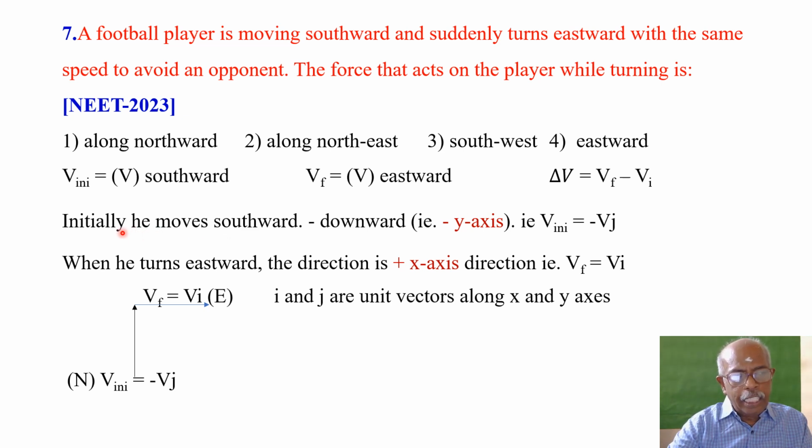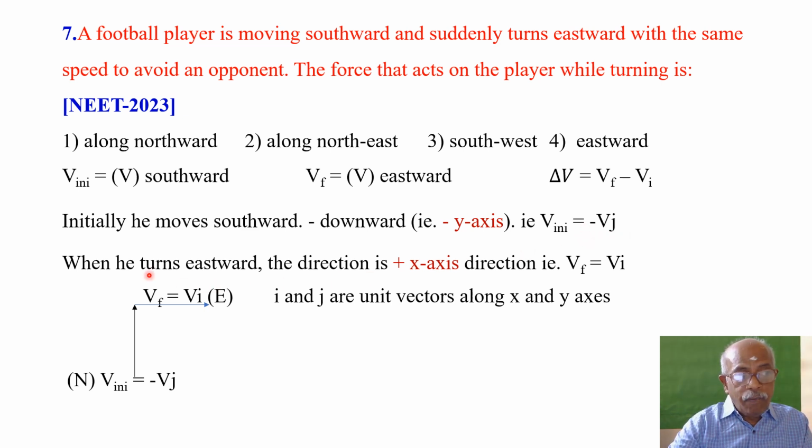So initially when he moves southward, he moves downward. That is minus y-axis, negative y-axis. So the initial velocity you can write as minus Vj. Because j is the unit vector along the y-axis, when you say minus, it is downwards.